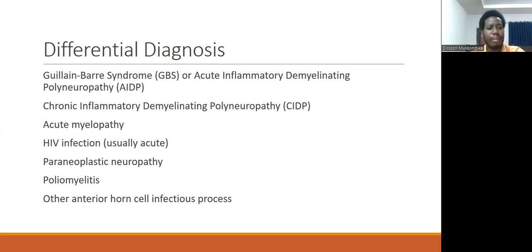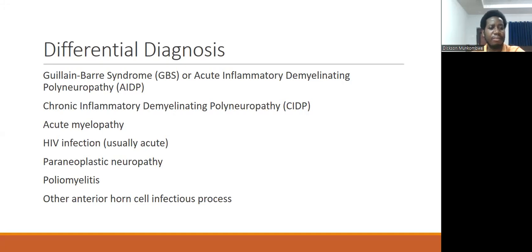And on top of our list, given the fact that it is an acute presentation which is progressing, you think of a GBS. Other things to consider: a chronic inflammatory demyelinating polyneuropathy in its early stages. An acute myelopathy could also be considered if it has not yet ascended enough or developed a clear-cut sensory level.